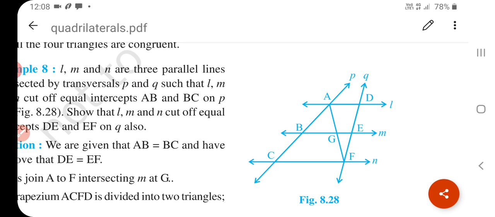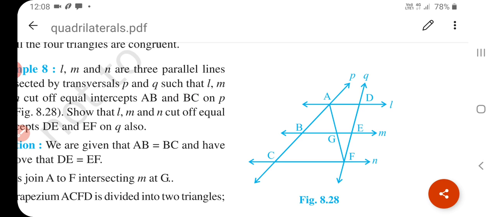Now, it's given that AB is equal to BC. So it means the distance between the lines is equal. Okay, understand? And we have to prove DE is equal to EF.